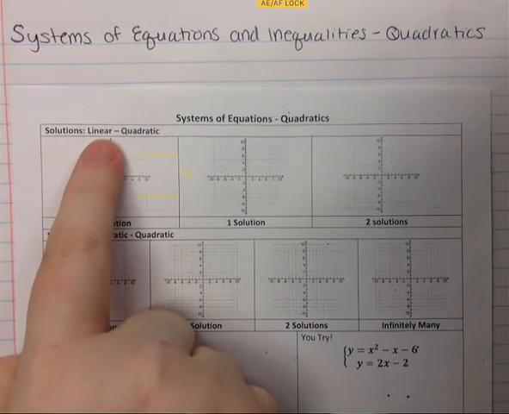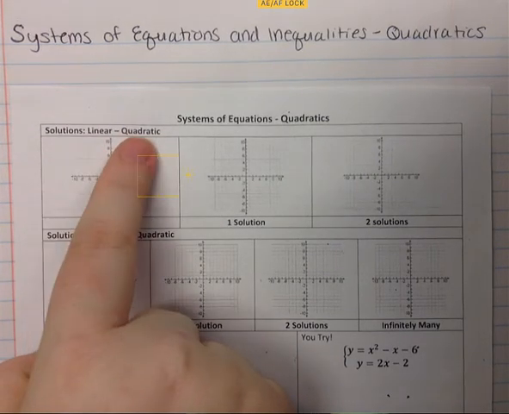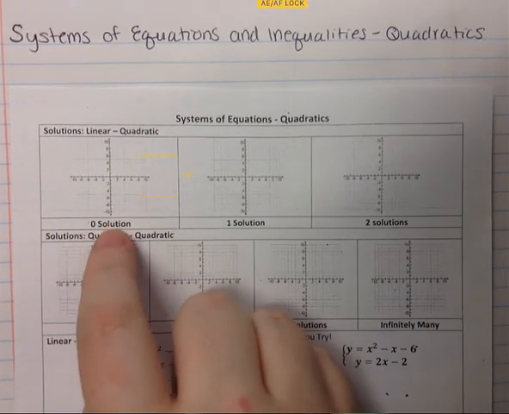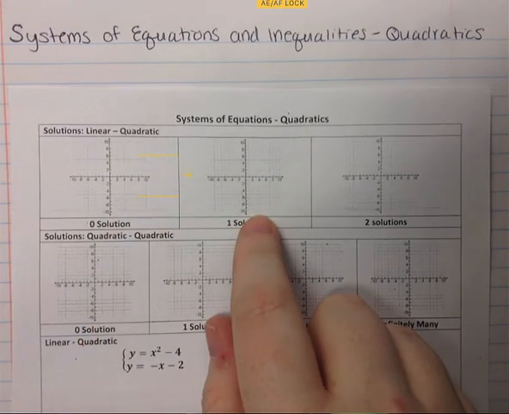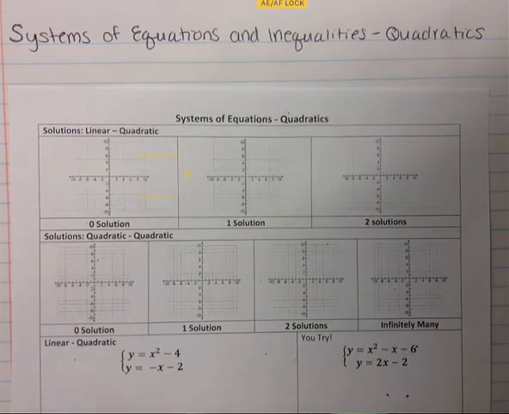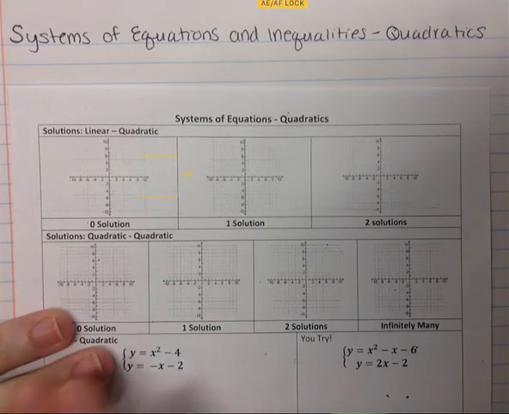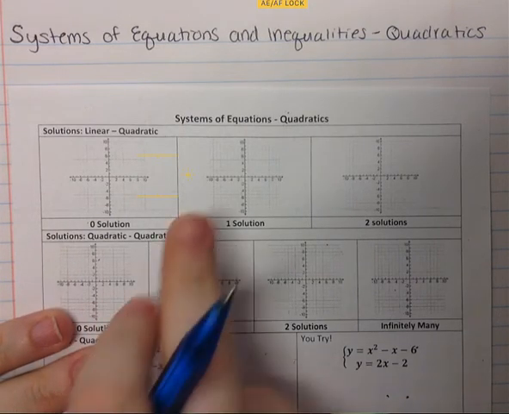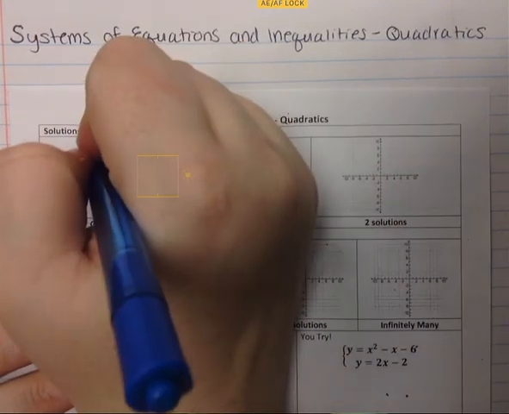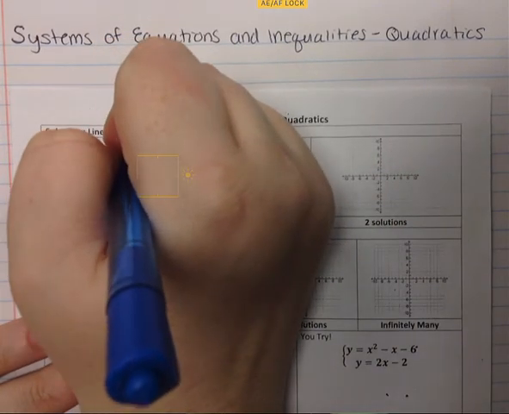When we're dealing with the linear and a quadratic, we're going to have a line and a parabola. We could have different types of solutions. We could have a graph that has 0 solutions, graphs that have 1 solution, and graphs that have 2 solutions. An example of a system of linear and quadratic equations that has 0 solutions: I'm just going to draw a basic parabola.